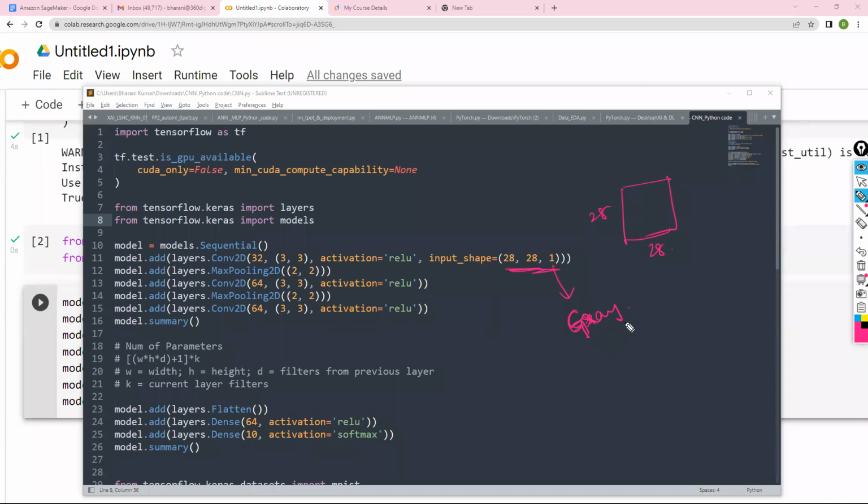So now we have grayscale image. 28 multiplied by 28 would give you 784. That's the size of your input layer. And then you're connecting it to 32 different convolution layers, which are of size 3 by 3. And you're using ReLU activation function.